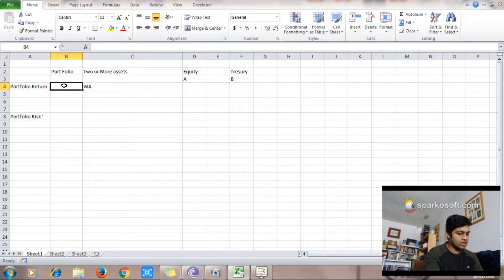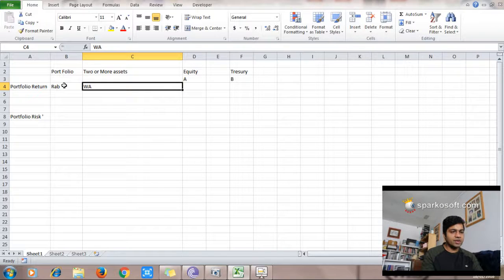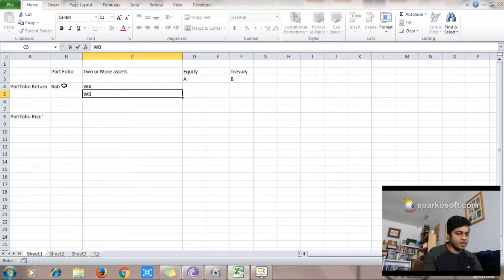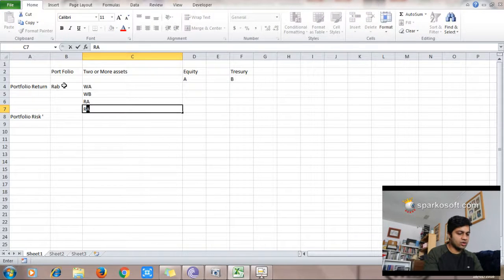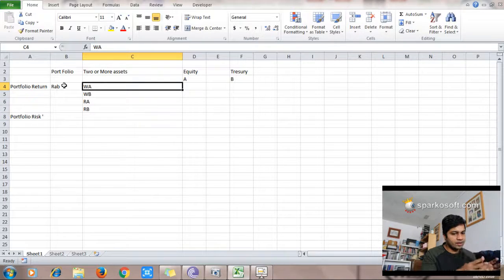Let us denote it by return of portfolio AB. Return of portfolio AB will depend on the weight of asset A, the weight of asset B, so how much you allocate to equity and how much to treasury, and then the return of asset A and the return of asset B. So it is composed of two factors, weight as well as returns.